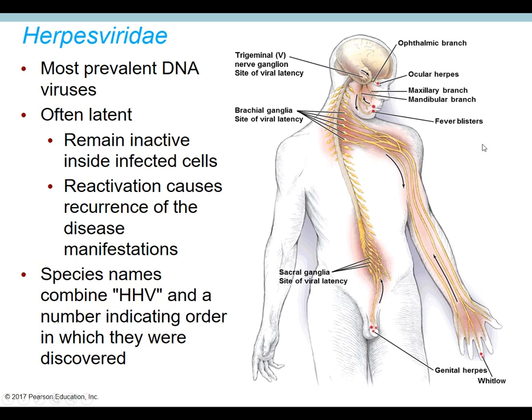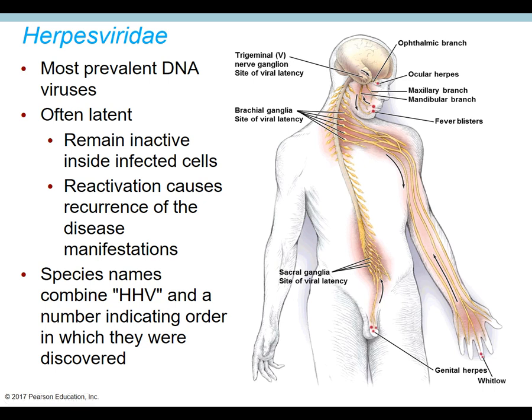And this is where herpes 1 and 2 will typically be found. You can have ocular herpes, so an infection in the eye. Fever blisters would be an infection in the mouth. You can have herpes on your hand, which is called whitlow, and you can have genital herpes.